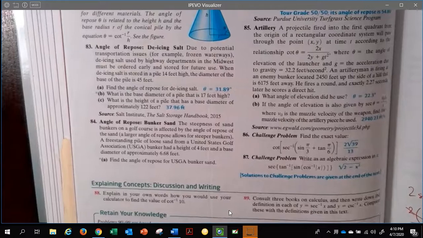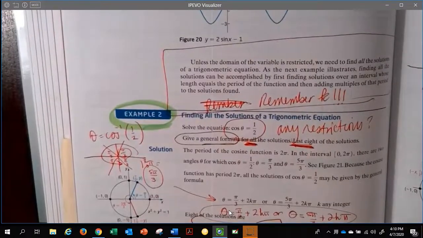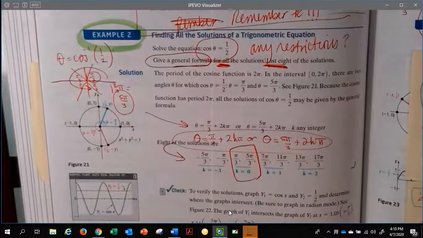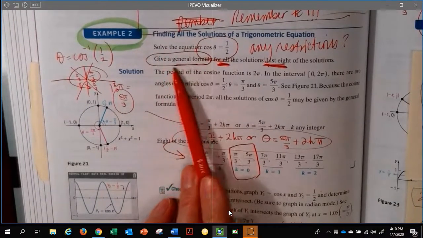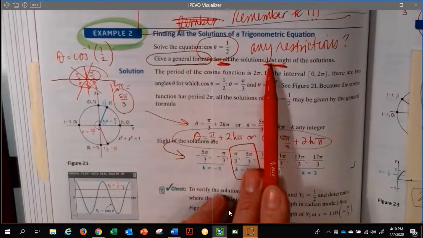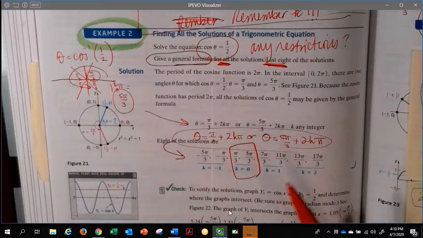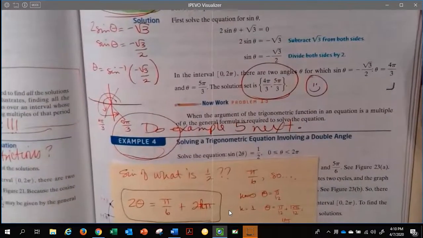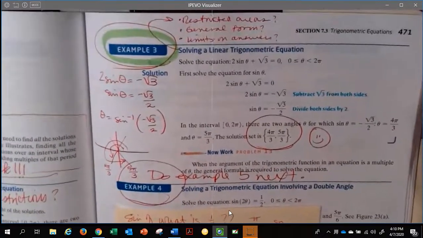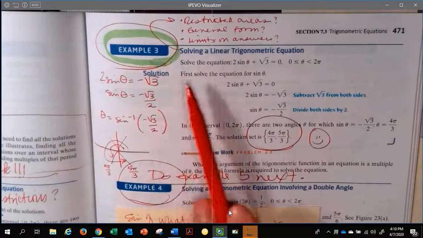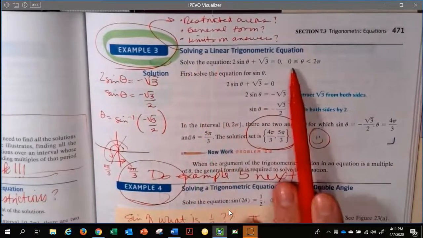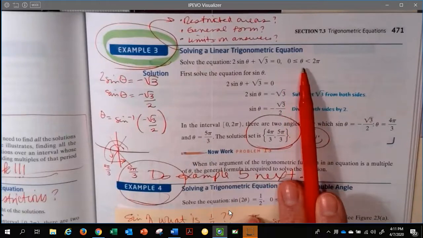I'm scurrying on to 7.3, and I'm on page 470. On 470, notice it says solve the equation and give a general formula and be able to list 8 solutions. You need to know how to do that for test 2. The top of page 471, example 3, can you solve this equation with restrictions?